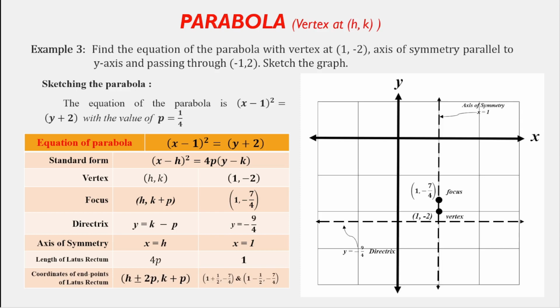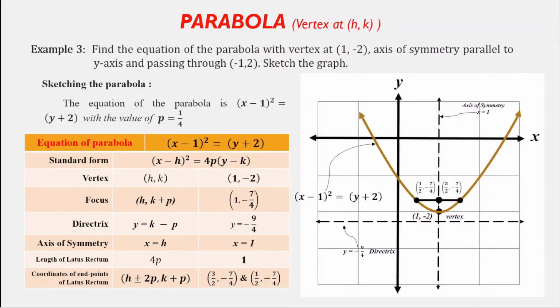Simplifying, 1 plus 1/2 is equal to 3/2, and 1 minus 1/2 is equal to 1/2. Then the coordinates are (3/2, -7/4) and (1/2, -7/4). This is now the graph of the endpoints of the latus rectum.